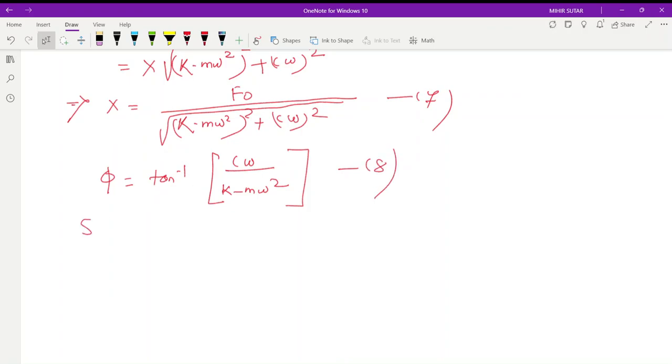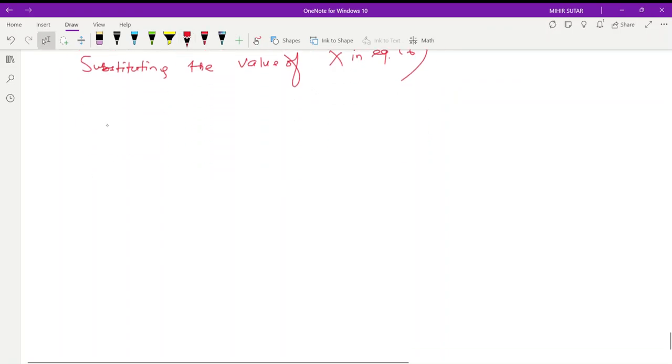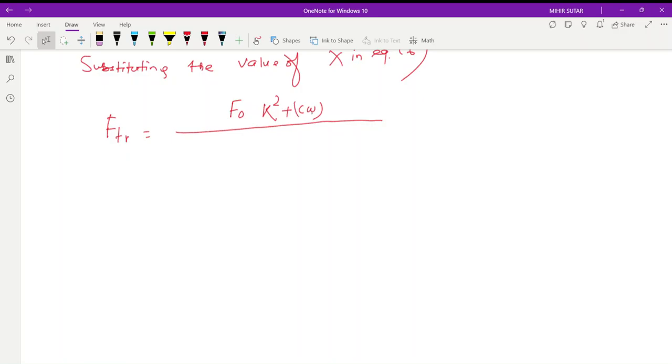So now substituting the value of x in equation 6, we'll have the force transmissibility, FTR, will be equal to F0 times square root of k square plus c omega square divided by square root of k minus m omega square whole square plus c omega square.